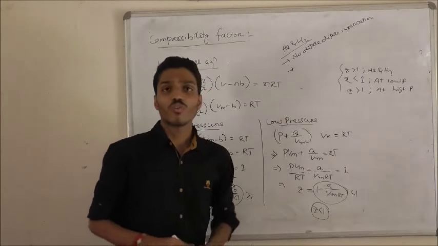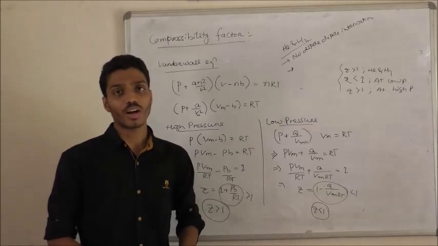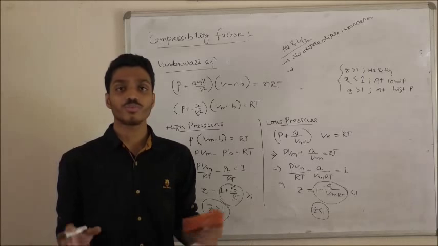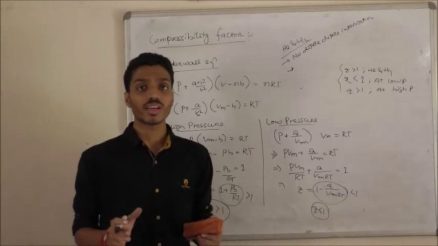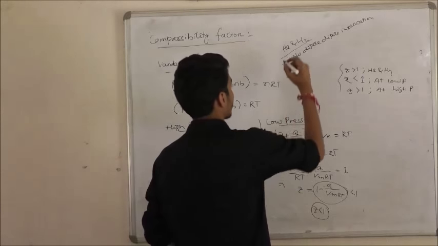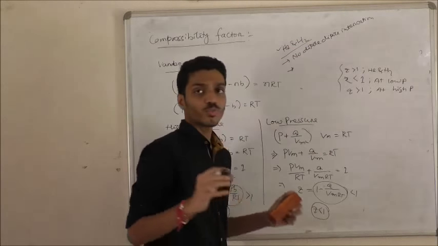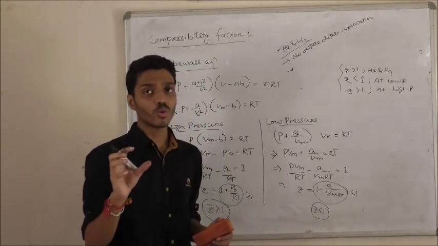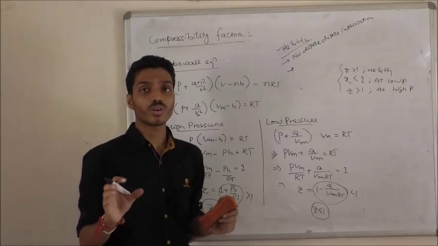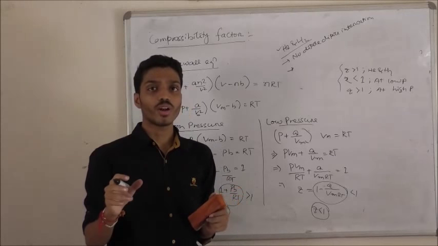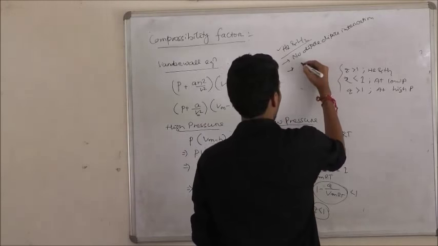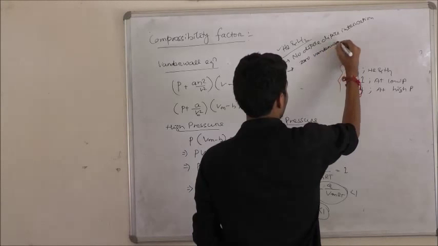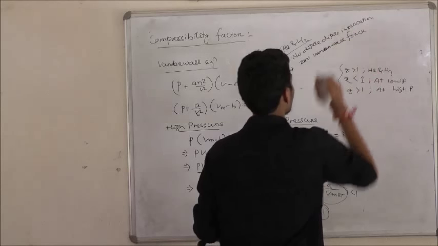And again, the van der Waals force in the case of helium and hydrogen is also 0, because van der Waals force exists between molecules if they have a higher surface area. Since helium and hydrogen are small molecules or small atoms, their surface area is very low. So we get a van der Waals force of 0.